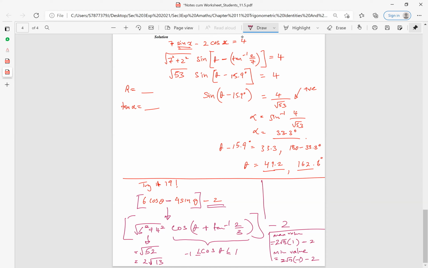The second part, how do I find the corresponding values? You just tell me verbally. How do I find the corresponding maximum value? What should I do? Anyone? No one.